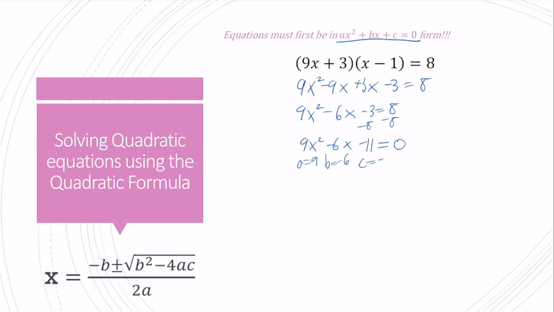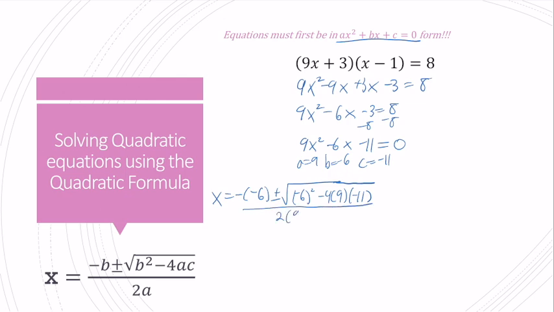So I have x equals negative 6 plus or minus the square root of negative 6 squared minus 4ac, make sure that whole thing's under the radical, all over 2a.